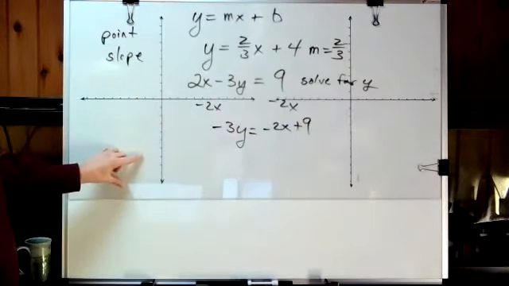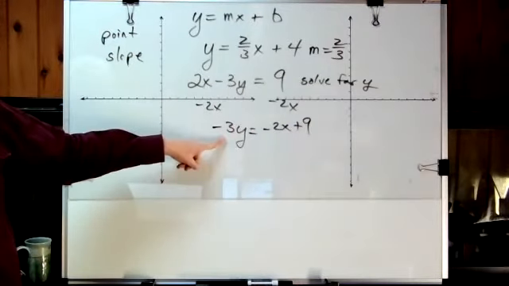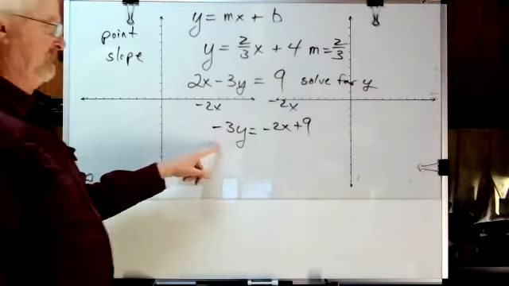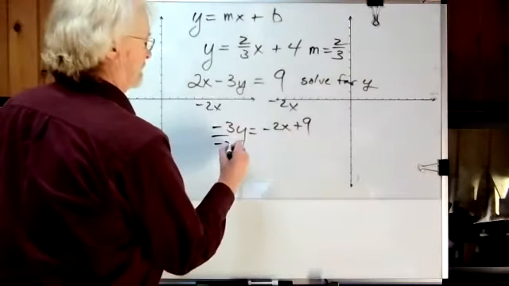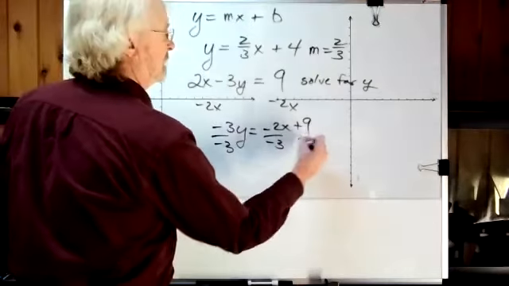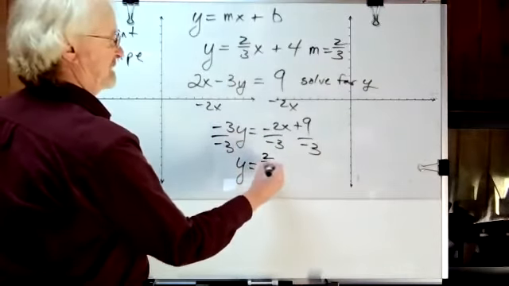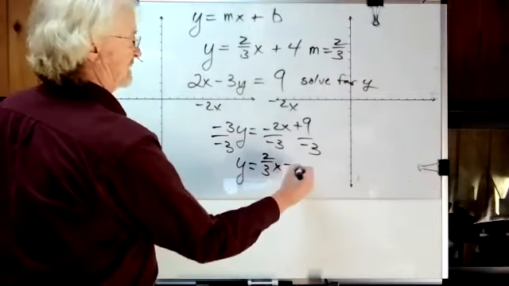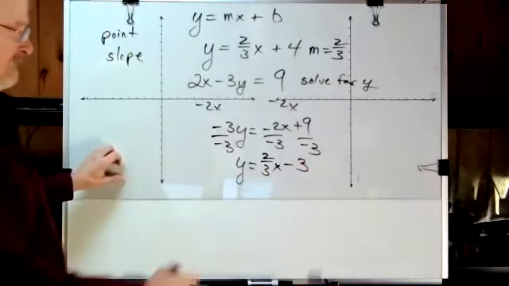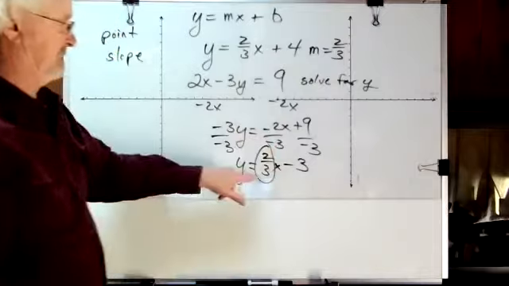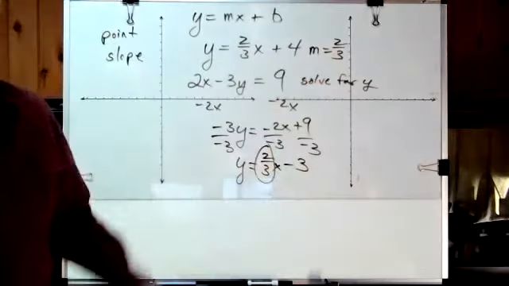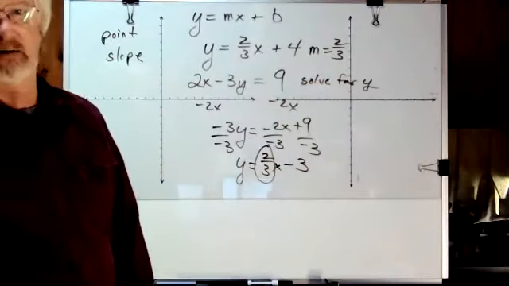To solve for y, I'm going to divide everything by negative 3. Boy, I made myself a nice number over there. Negative divided by negative is positive, 2/3 x minus 3. Oh, this one has a slope of 2/3 also. These two lines are parallel.